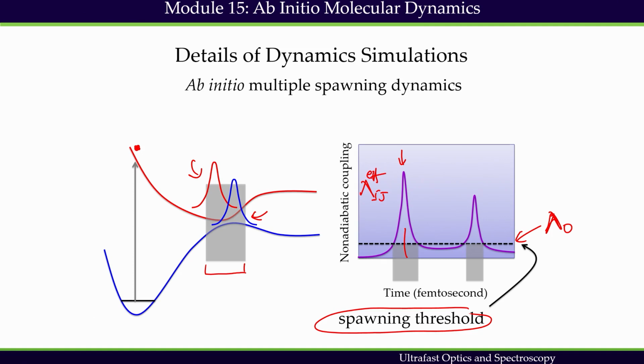One can preserve the momentum and position when they are spawned. There are many methodologies one can use for the spawning mechanism, but this is similar to what is discussed in the surface hopping method. So, what we have discussed so far is a general idea of how spawning is done in ab initio multiple spawning dynamics, and we will continue this session in the next lecture.